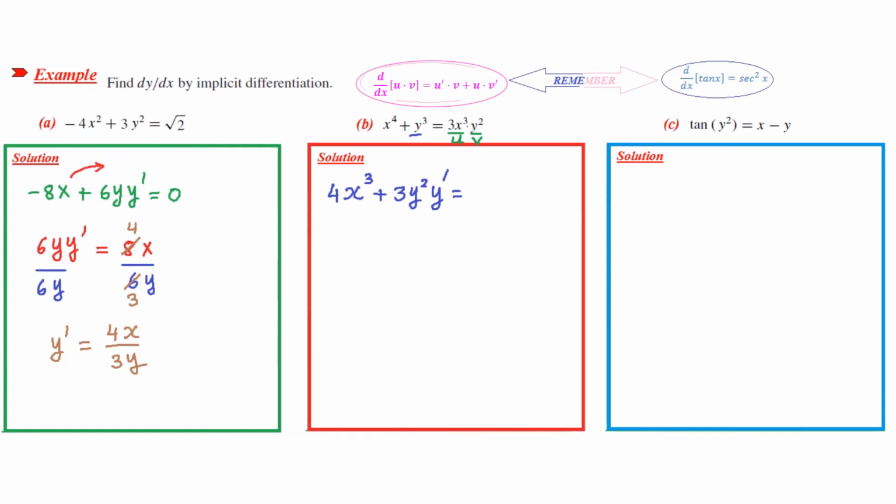Now like you see up, we have u prime, which is 9x squared, times v, which is y squared, plus u, which is 3x cubed, and v prime. But v is a function in terms of y, so it will be 2y y prime.